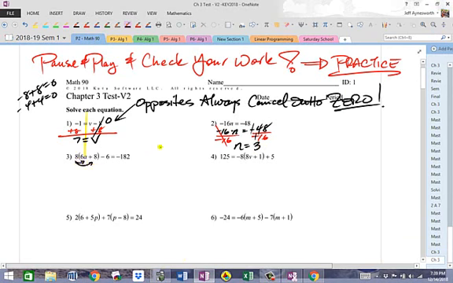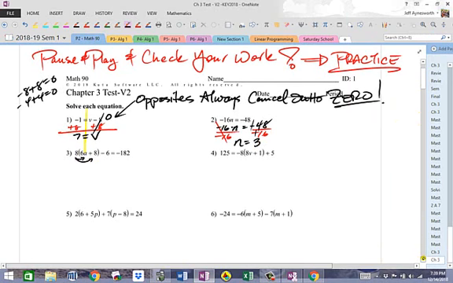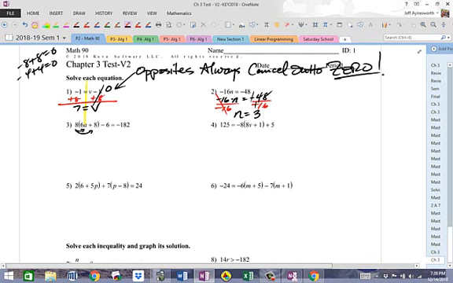Next one, we got to distribute. So here we go. Okay, it's chapter 3 test version 2. So you get 48a plus 64 minus 6 equals -182. Distributed twice. 8 times 6 is 48. 8 times 8 is 64. So you got to combine like terms.